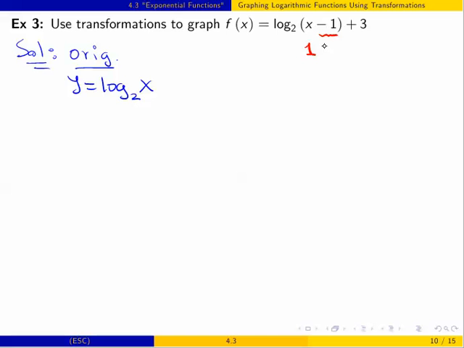In this case, because it's negative, we have to go to the right, and this number outside will be our vertical shifting. In this case, this will be 3 units up.